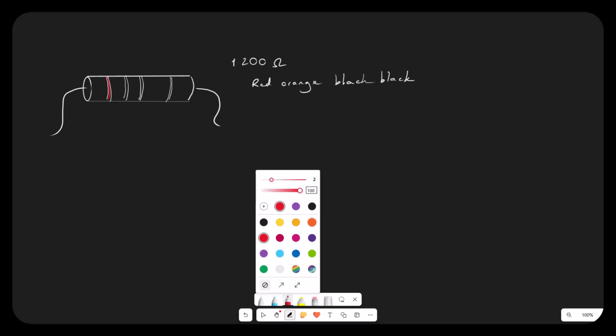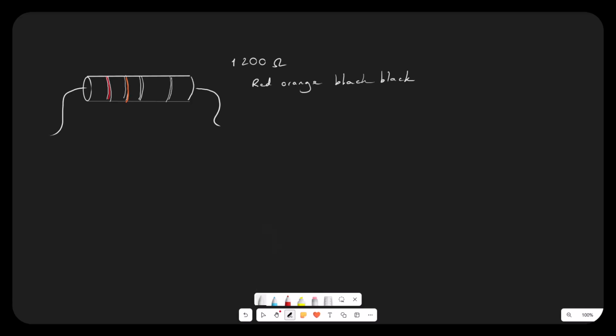So maybe this is like a red, an orange, and then I guess these are already black. A black and a black. Something like that. At this point, we more or less use the color code as an identifying tag versus having a specific meaning. The meaning's still there. We just don't really pay attention to it.